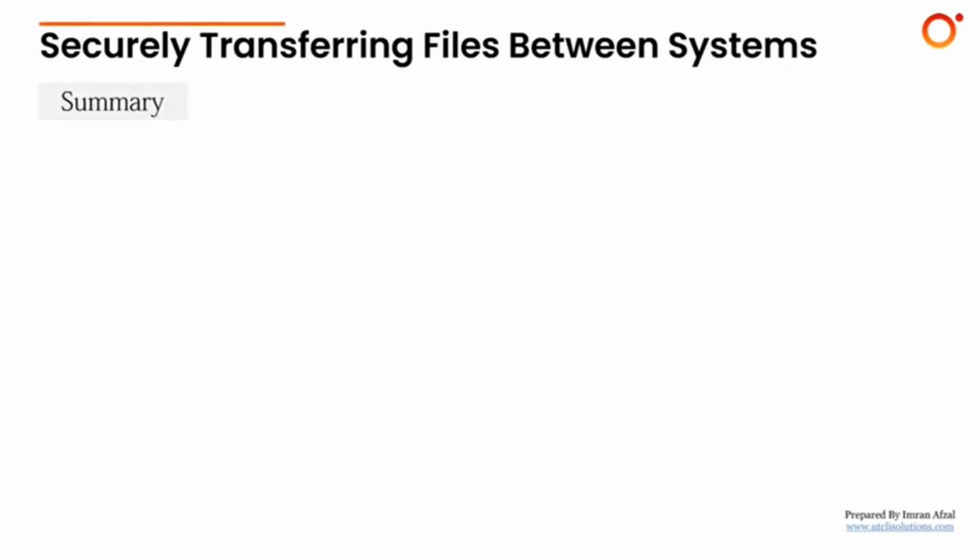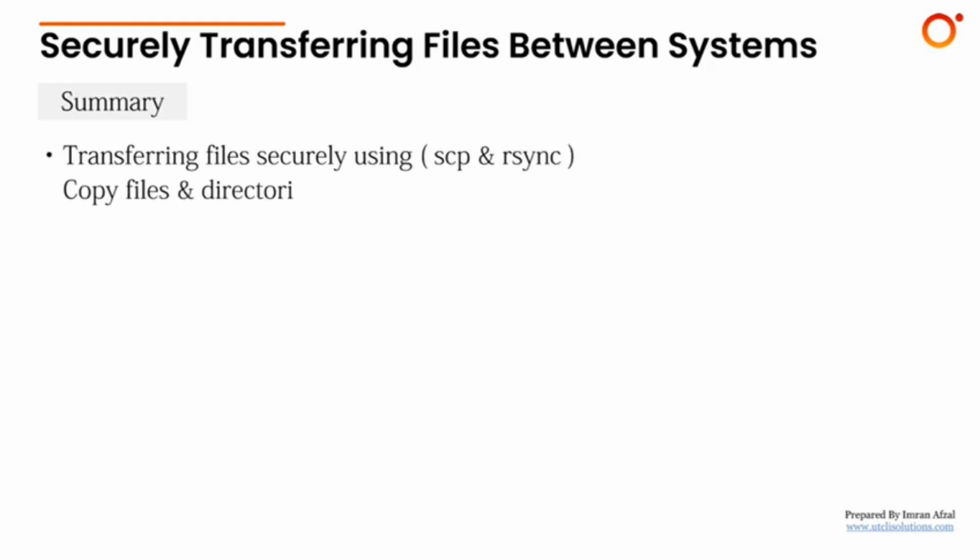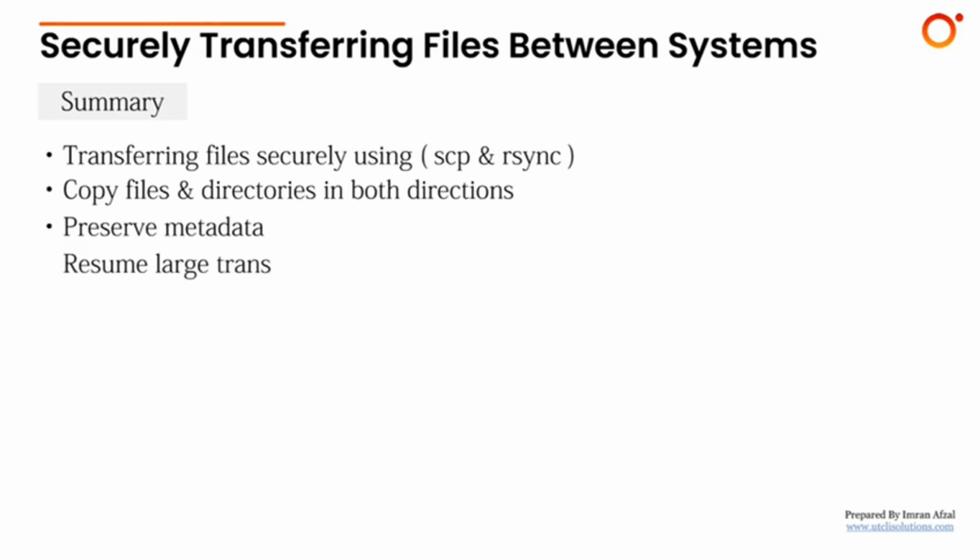And with that, we've completed this hands-on lecture on transferring files securely using SCP and Rsync. We've seen how to copy files and directories in both directions, preserve metadata, resume large transfers, and verify file integrity. These tools are tested in RHCSA and heavily used in production.